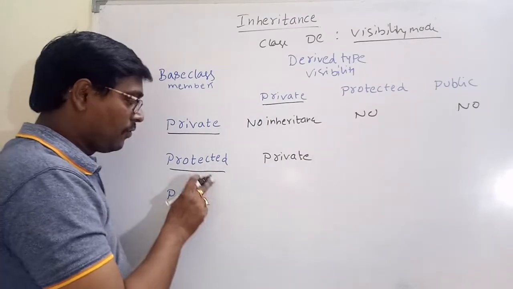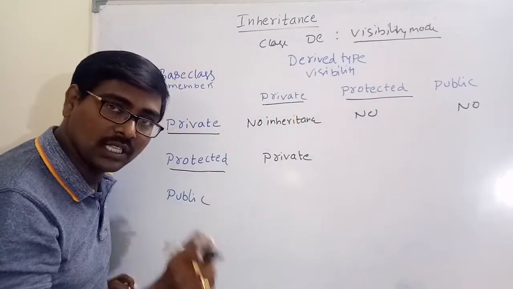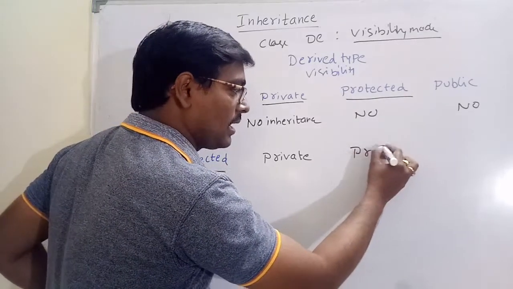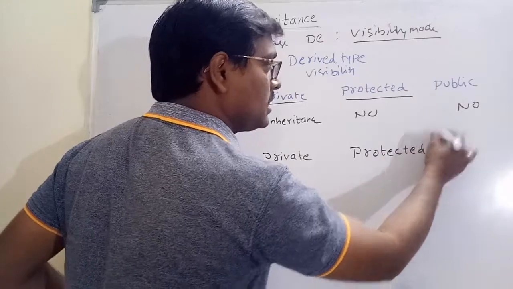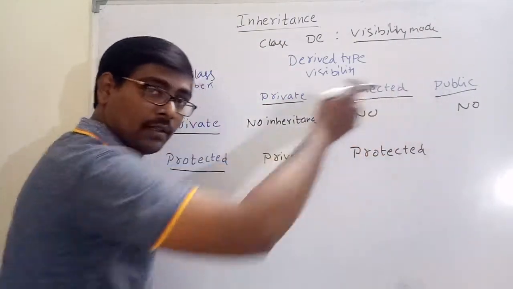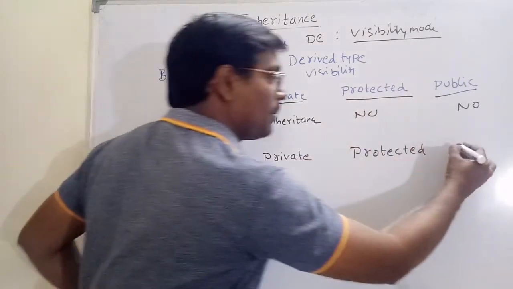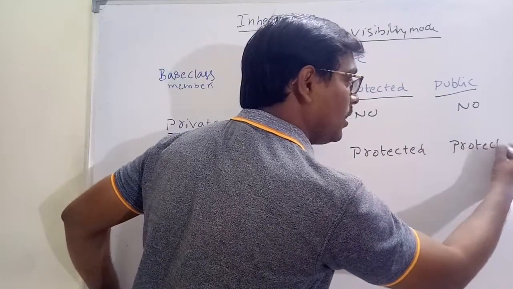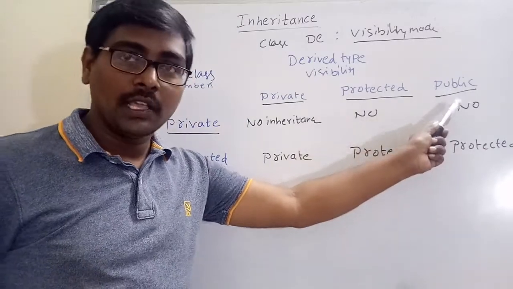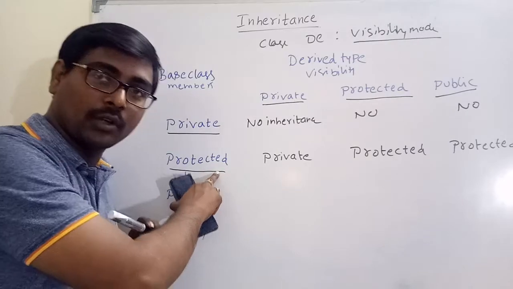If the visibility mode is protected and the member is also protected, it acts as protected. If the visibility mode is public and the member is protected, then the member acts as protected only. Even though we are deriving as public, the original value is lower than public, that is protected.